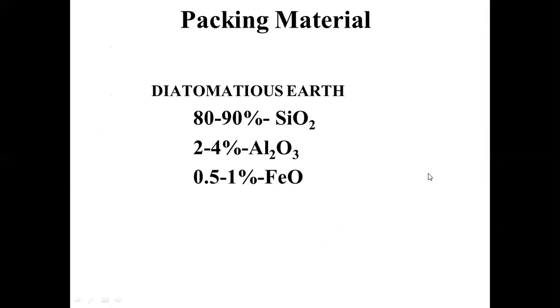So, if the stationary phase we are using for the gas chromatographic separation is a solid packing material, what types of packing materials are we going to use? Very importantly, one of the most widely used packing materials is diatomaceous earth.